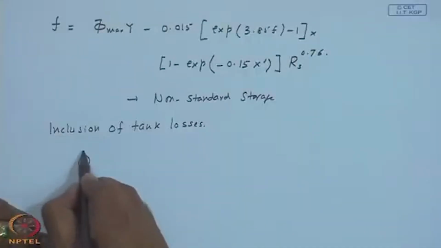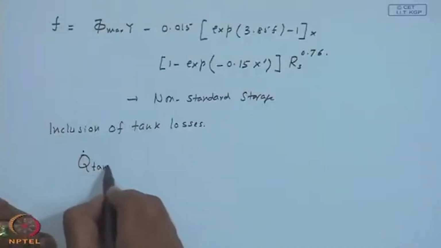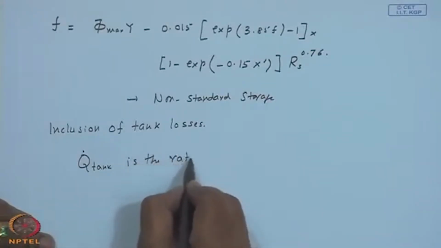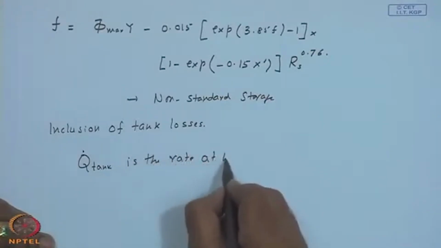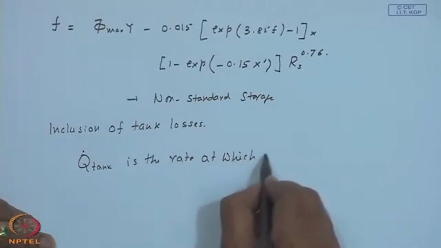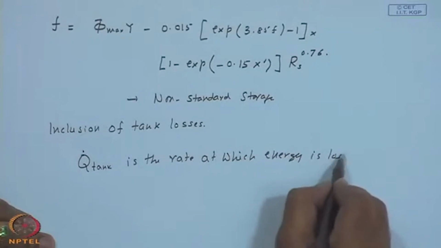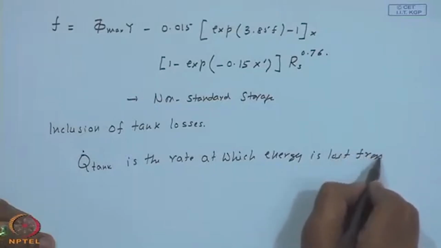So, but let us say Q dot tank is the rate at which energy is lost from the tank.